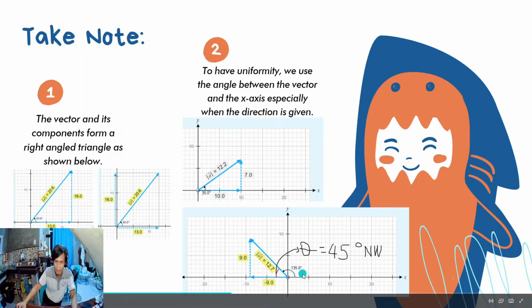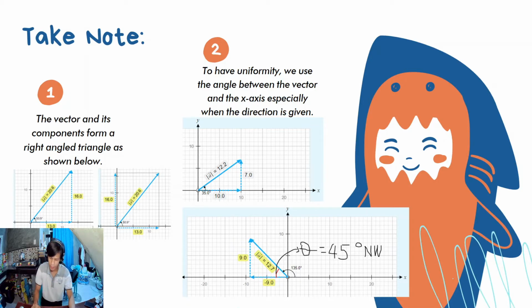It does not mean that 135 here will give a wrong answer. No, it will still give a correct answer. However, in order to avoid confusion later on, we will use the angle between the vector and the negative x-axis so that it will create a right-angled triangle. Okay, so do you have any questions? Let's proceed.